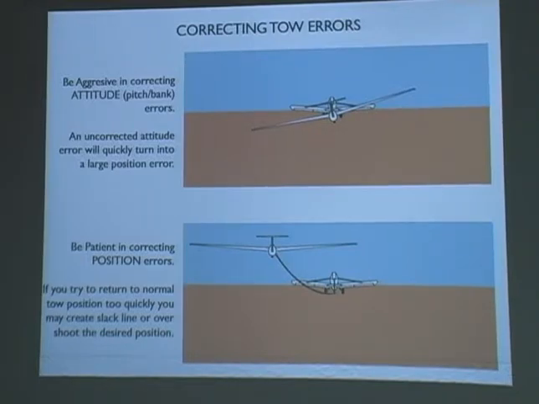If you get too high, you don't want to dive right back in because you'll get some slack. So instead, fix those errors slowly. But if you do get a wing lifted or the nose pitched up or down, you've got to try to hold a constant attitude and then slowly fix the position errors. Being too aggressive at trying to get back in position will just cause more problems.